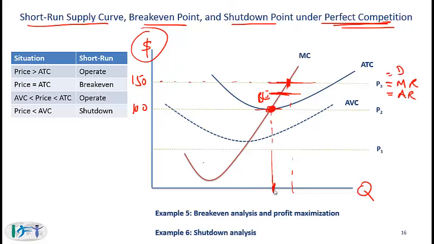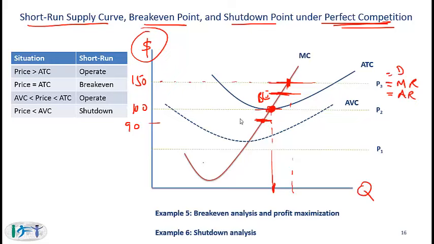What if the price falls below 100? Say the price comes down to 90. Then we are at this point over here. The firm, at least in the short run, will continue to operate because of the money that is being made over here.